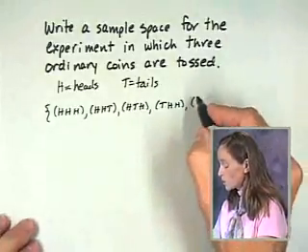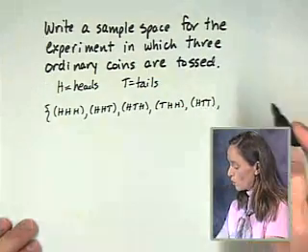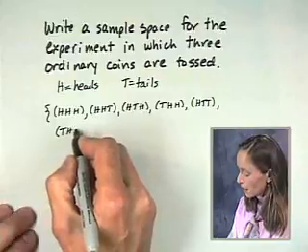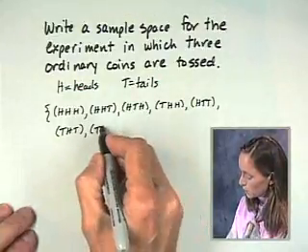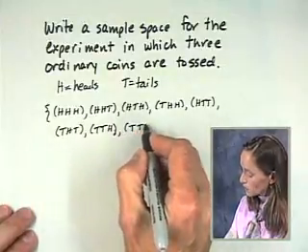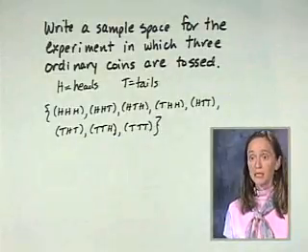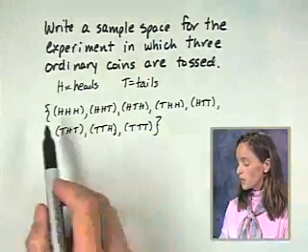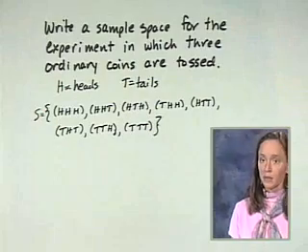Continuing, it's possible that the first is heads, the second and third are tails, or we might have something like tails, heads, tails, or tails, tails, heads, and finally, tails, tails, tails. These are all the different possibilities that could occur if we toss 3 ordinary coins. This is the sample space for the given experiment.